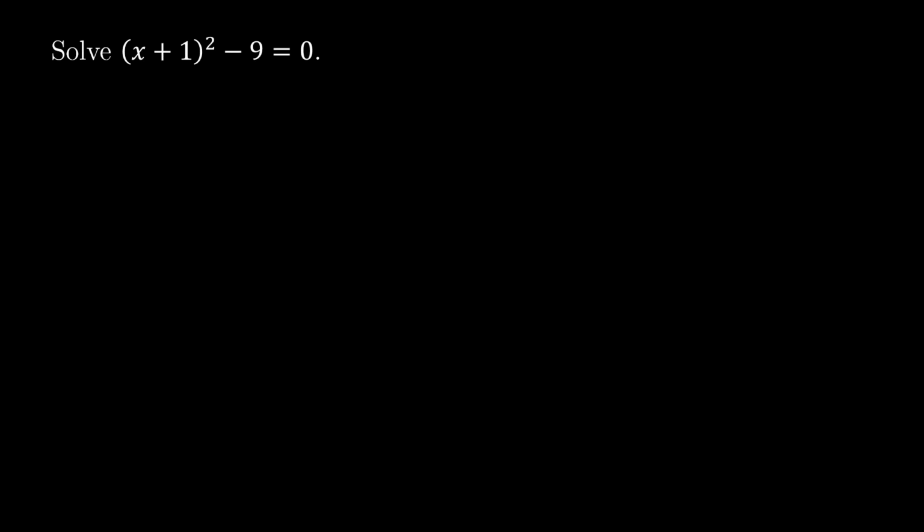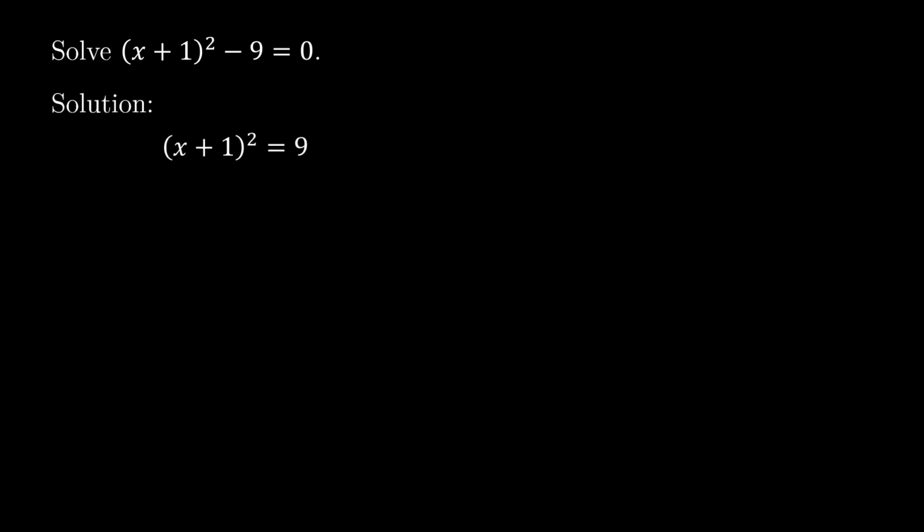So let's try this one. x plus 1 squared minus 9 equals 0. In a later lesson, we will also encounter this using a different method, but for now, let's use extracting the square root to solve this one.